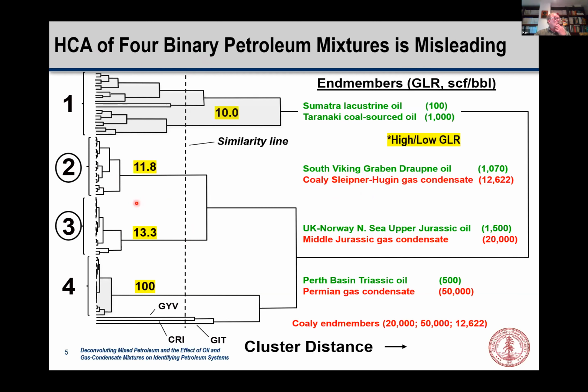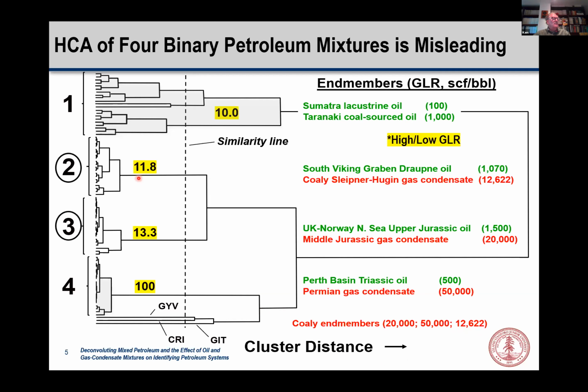But something is a little strange here, because you can see here virtually all of our mixtures are plotting together. And then there is the end member for that mixture, which is the Coley end member, that plots down here separately. It's an outlier. The Coley end member, remember, has a GLR of about, I believe it was 12,600. Yeah, there it is.